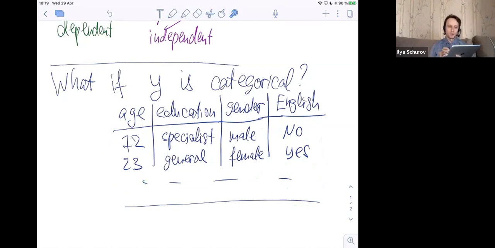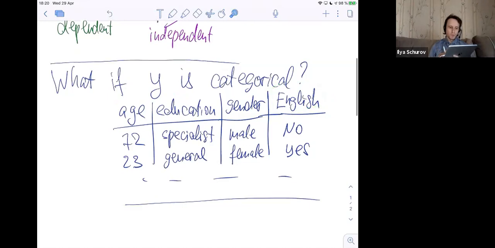So we want to understand in our study how these variables influence this variable English, which factors can be used and how can they be used to predict this English value. This is our problem.